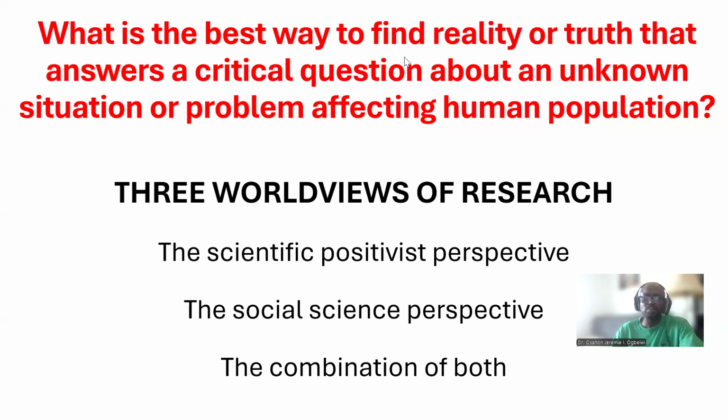The second perspective is the social science view. These are the school of researchers that believe that it is not every research where the evidence must be quantifiable before we can say it is true research, because they believe that there are so many variables of the human population that are not observable.